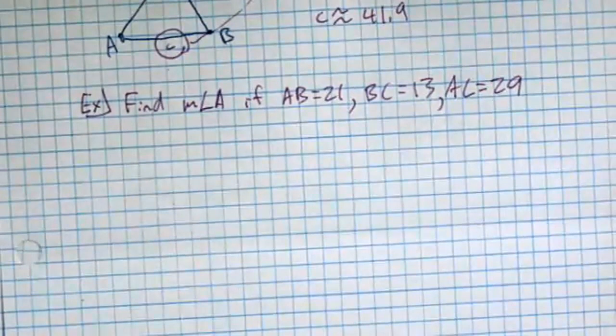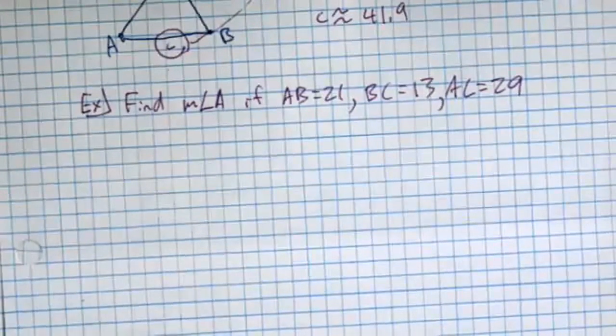Now, with these ones, they can give you stuff that is not possible. Do you guys remember how to check and make sure that you can actually build a triangle out of 3 values? The 2 smaller sides have to add up to something bigger than the largest side.